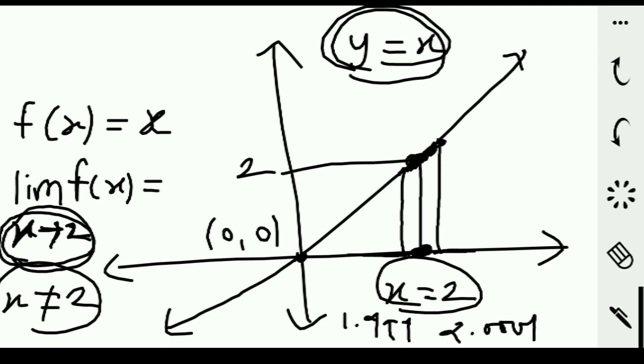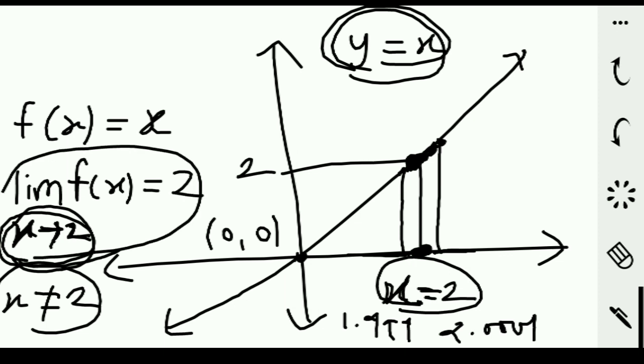So we can say that the limit of this function of x is also equal to 2. Why? Because as we get closer and closer to the x is equal to 2 point, the function value is also coming closer to 2.